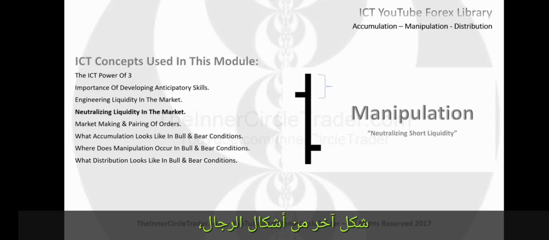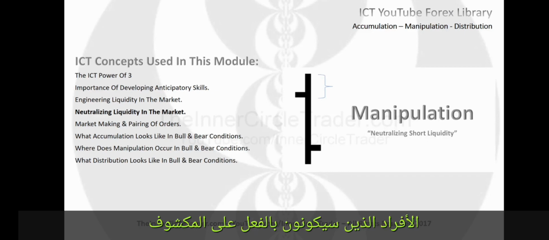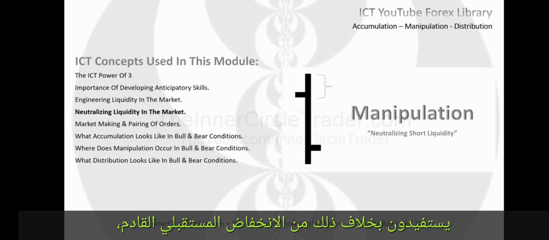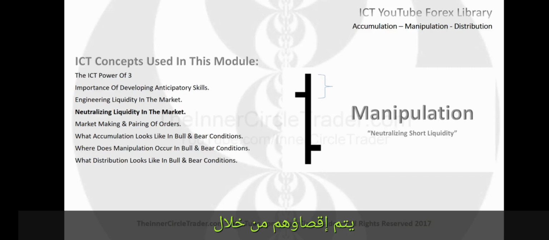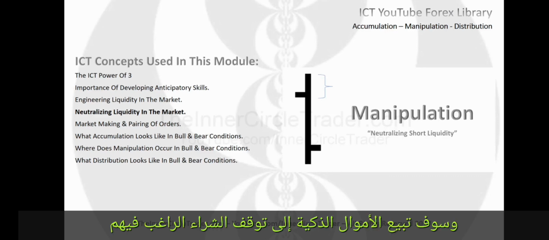Another form of manipulation would be neutralizing short liquidity. In other words, those individuals that would already be short in the marketplace that would otherwise profit from the coming decline are knocked out by having their buy stops tripped. So their short position is neutralized, and the way it is neutralized is a buy stop. So that buy stop that hits the market as a market order, smart money will sell to their willing buy stop.